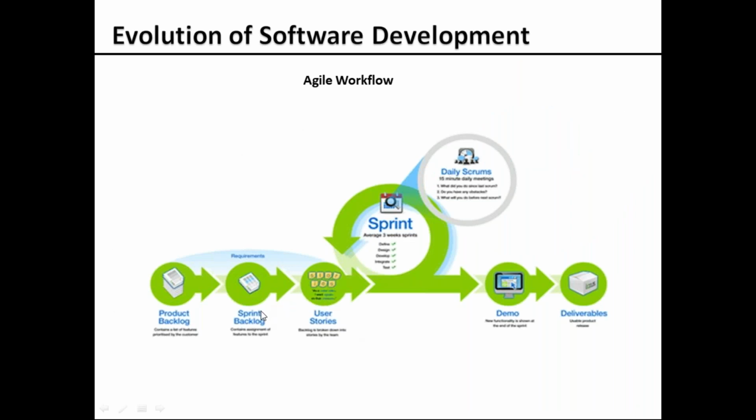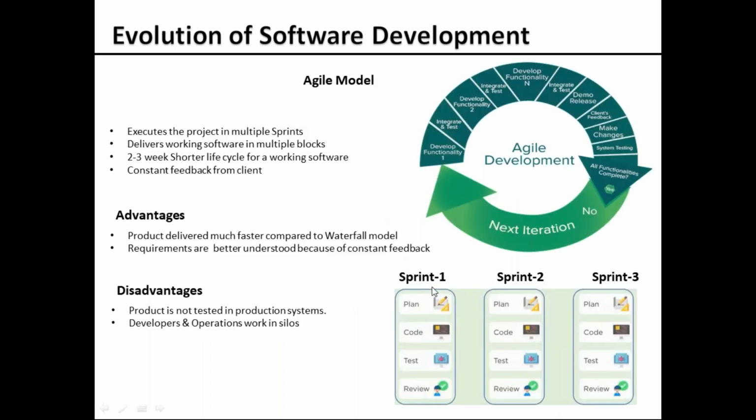In the sprint backlog, you have selected three requirements, and then you split these three requirements into multiple tasks, which are also called user stories in agile terminology. Once these individual tasks have been split down, the sprint is worked out with the plan, code, test cycle.